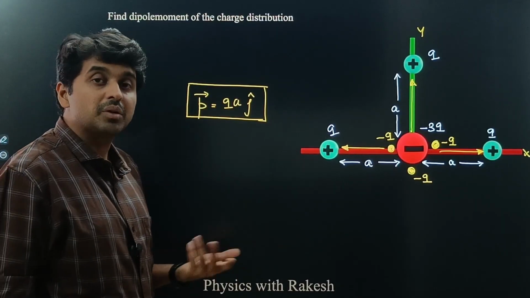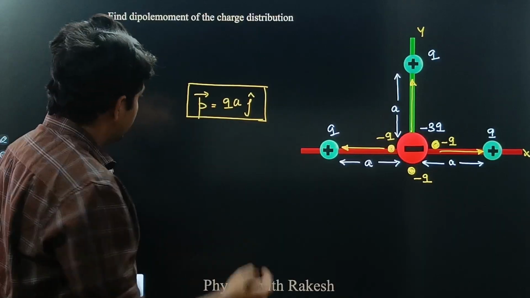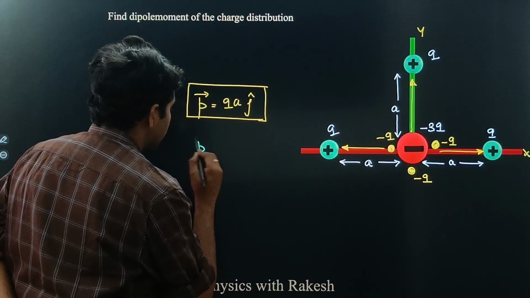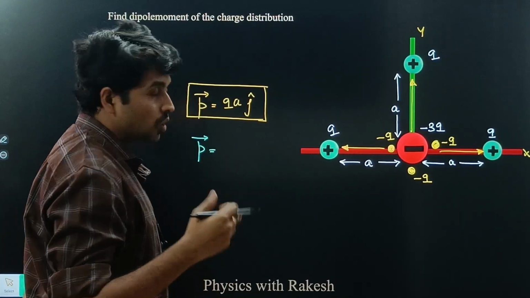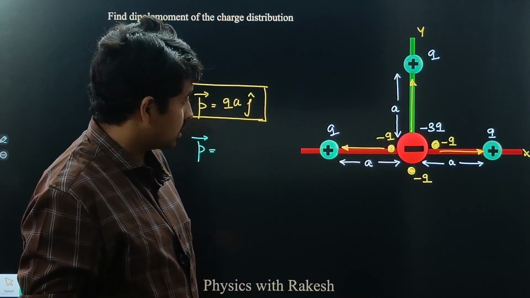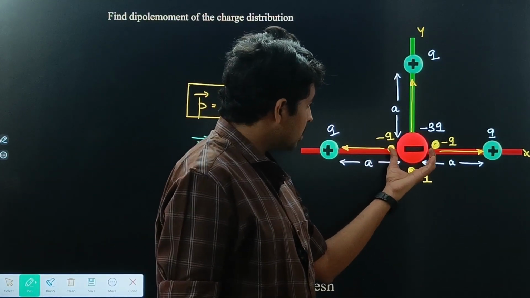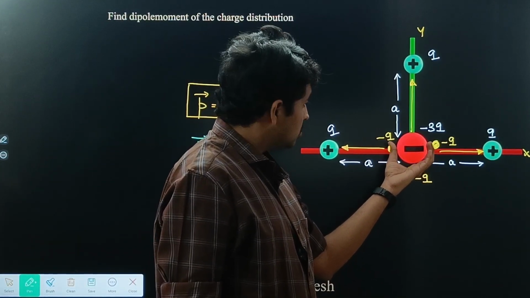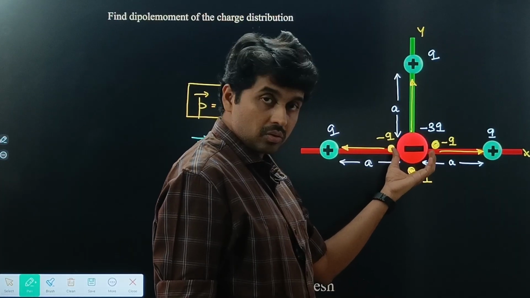Suppose we were to do it by the other method. The other method is just the summation of qi ri. We can do it like that also. P bar equals q1 r1 bar plus q2 r2 bar, like that. So minus 3q, our origin is here, let us say, so here it will be 0.